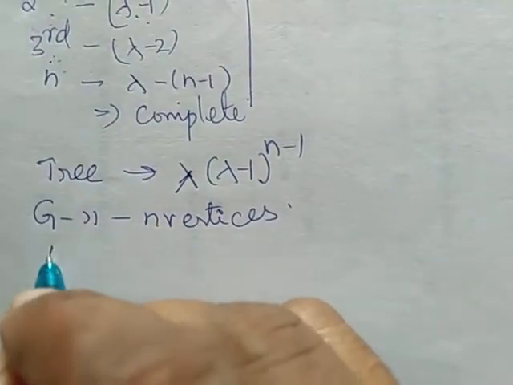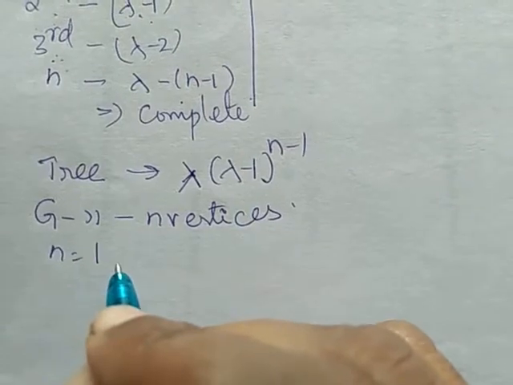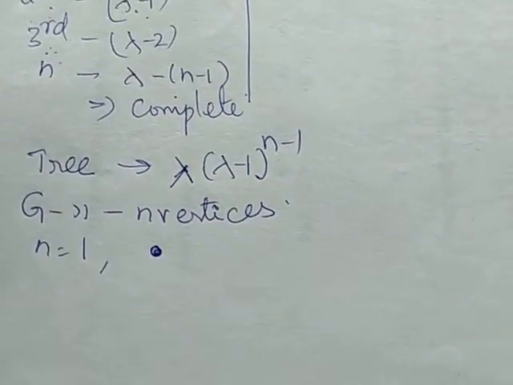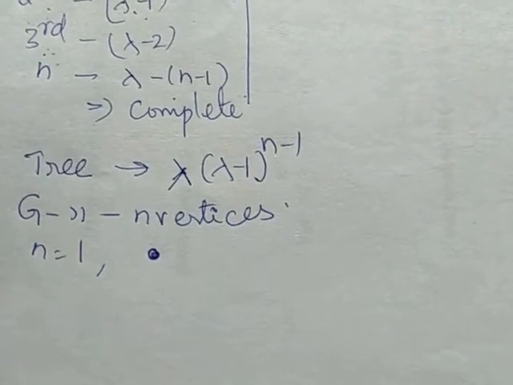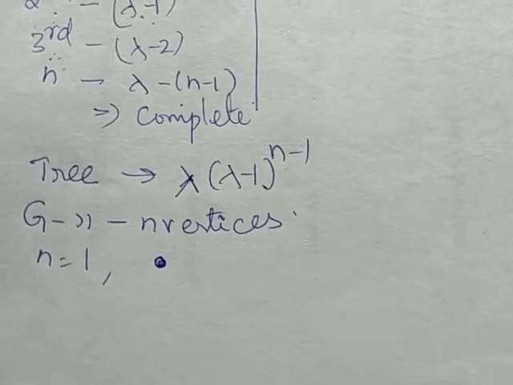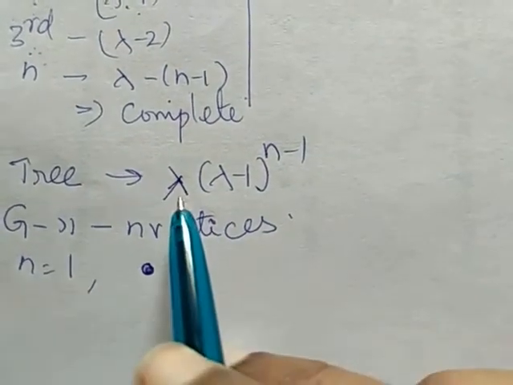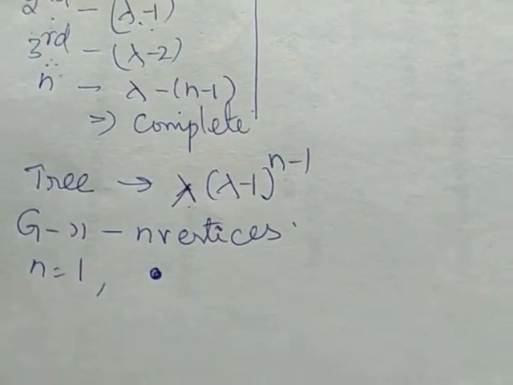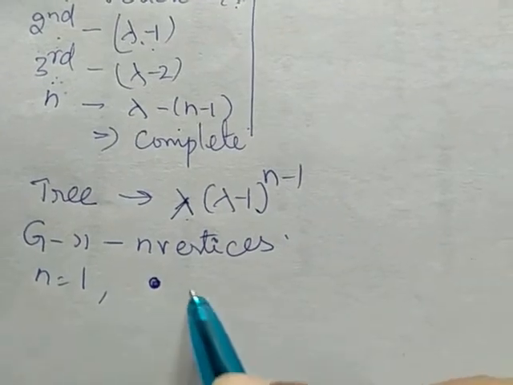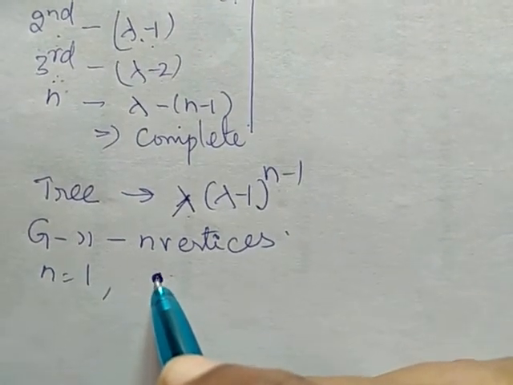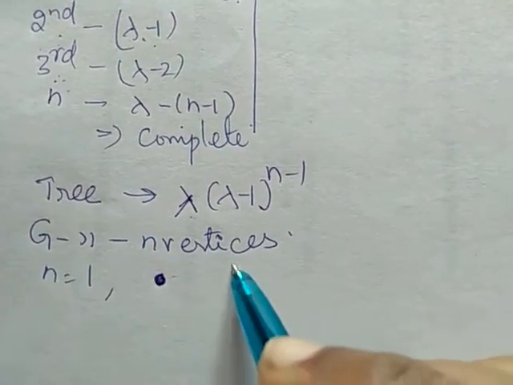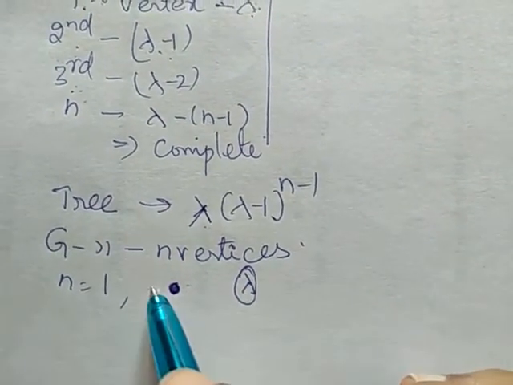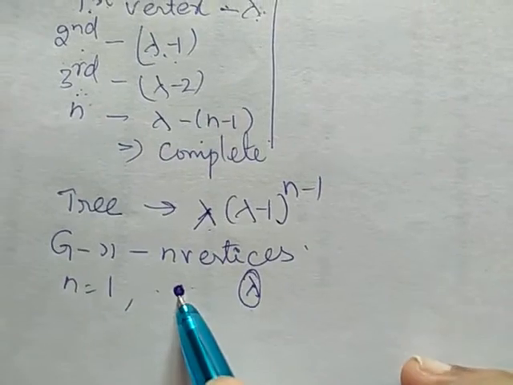When n is 1, it is having only one vertex and we are having lambda number of colors. So we can choose the first color, or second color, third color, up to lambda color.